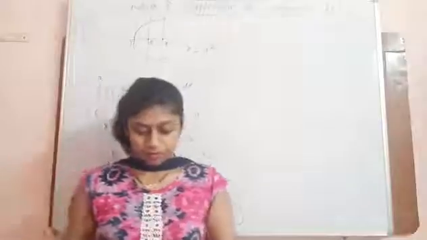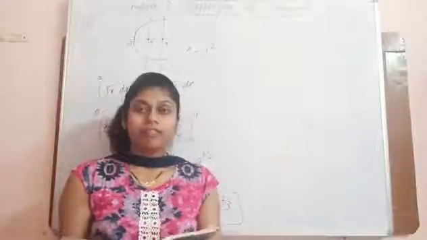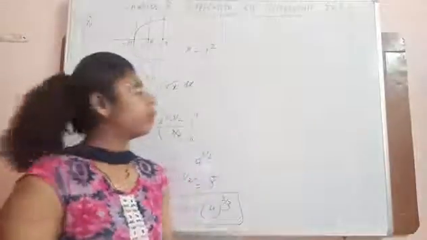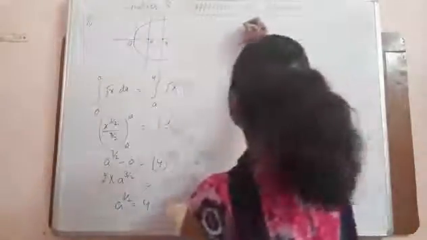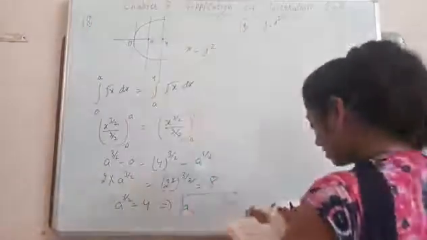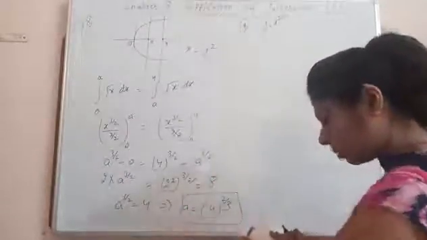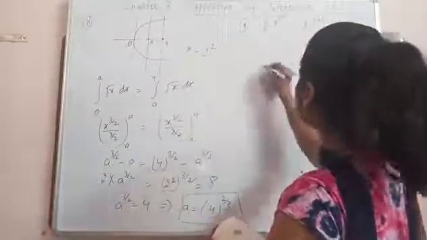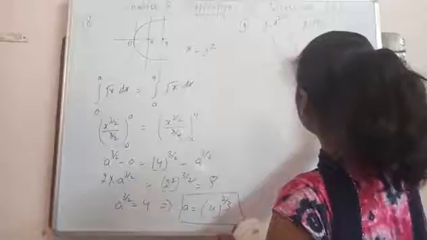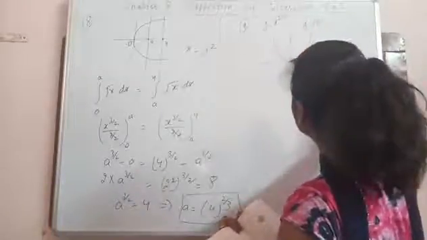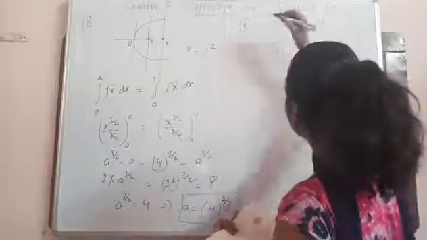Clear? Next, 9th question. Find the area of the region bounded by the parabola y equals x square. So this is the upward parabola, and y equals mod x. This is the line, on both sides.